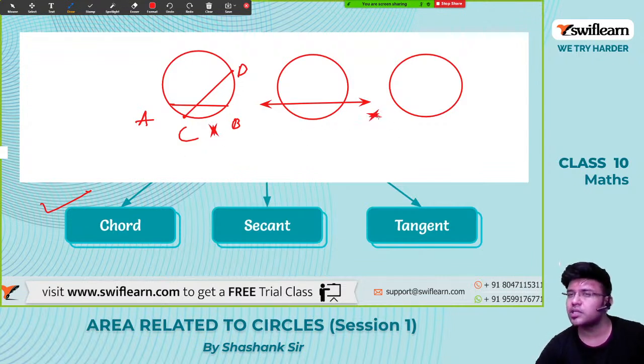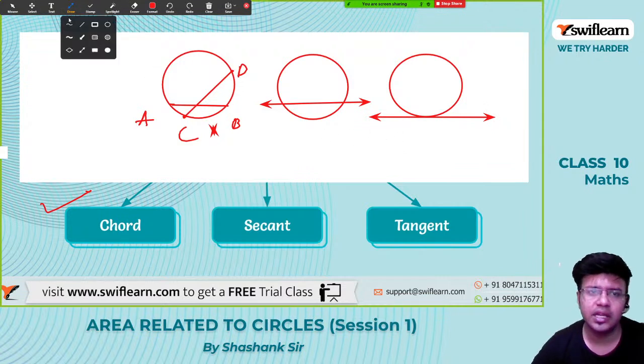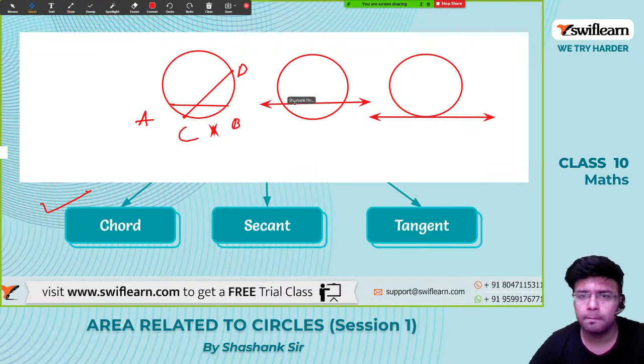And tangent means if there is a line segment and it is touching only one point of a circle like this, okay, एक ही point touch कर रहा है. Basically यही है वो segment है, पर उसको हम see, it is touching 2 points. I am moving this segment, still it is touching 2 points.